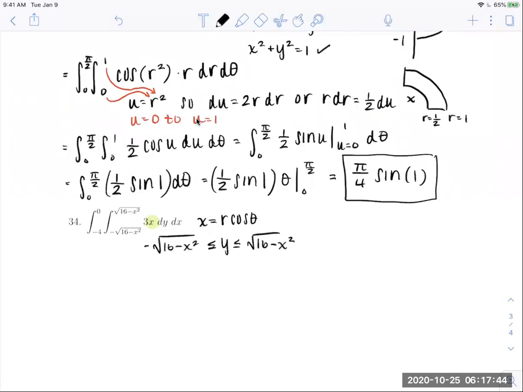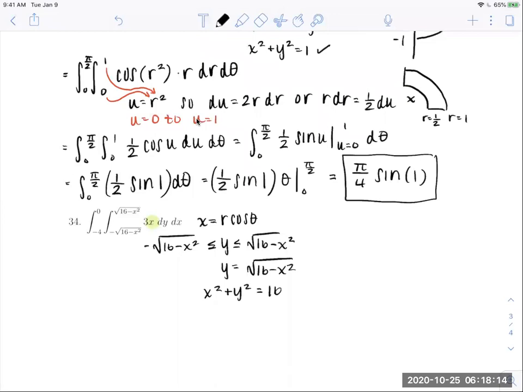Now, again, if I do my same trick where I just look at equality for a moment, if I square both sides and shift things around, what I get is x squared plus y squared equals 16. Now, in the last example, I was really careful because I was only looking for the positive square root. In this example, I'm actually looking for the positive and the negative square root. So I'm going to get negative y values and positive y values.